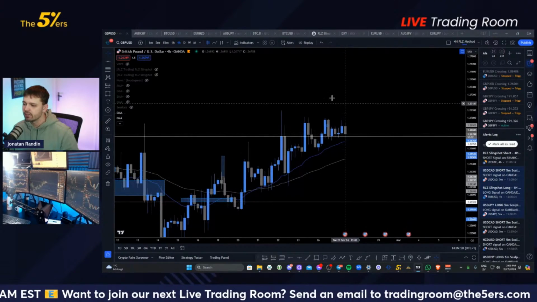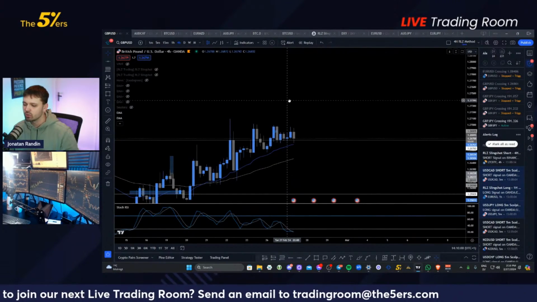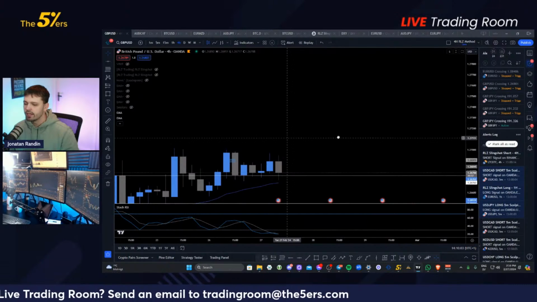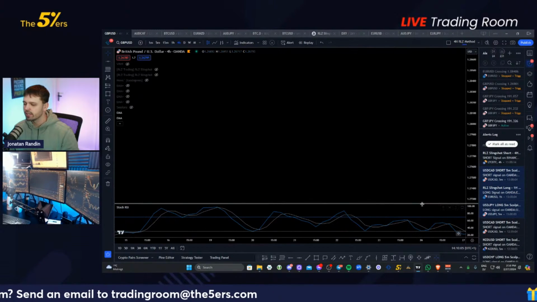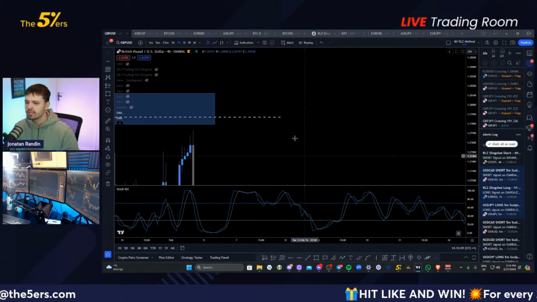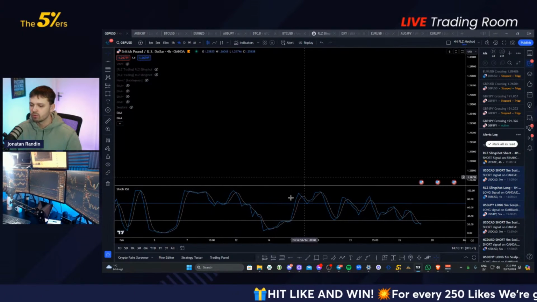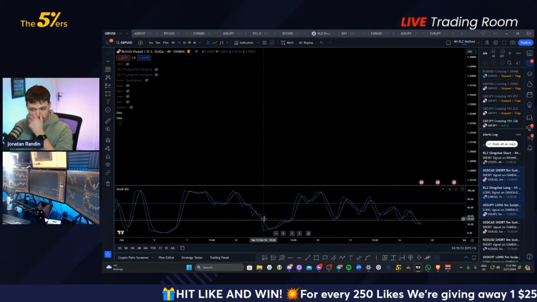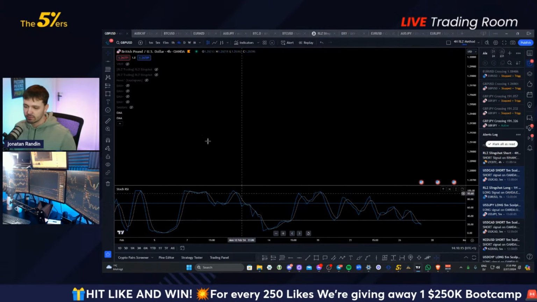And then there's another indicator I'm using, and that is the stochastic RSI. On the actual break and retest, at least for me, it's very important that if you're going to be buying, you want the stochastic RSI to be below 30.